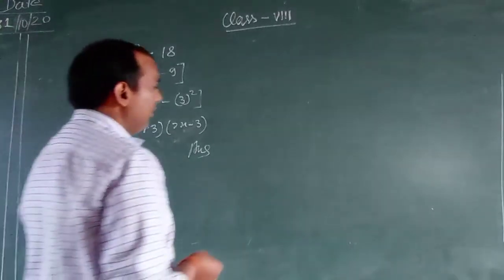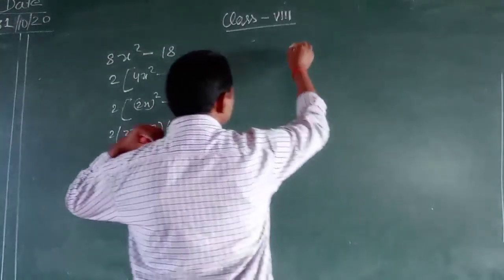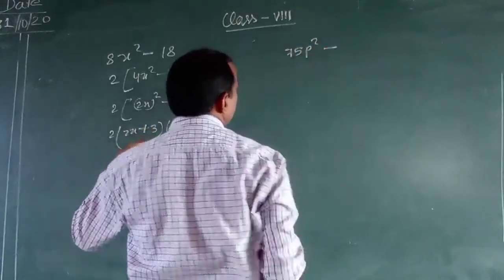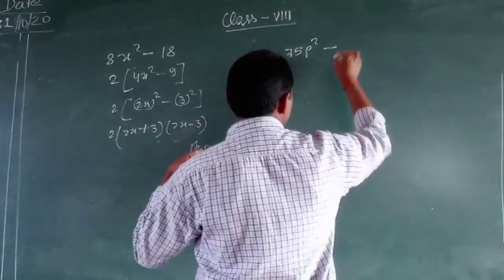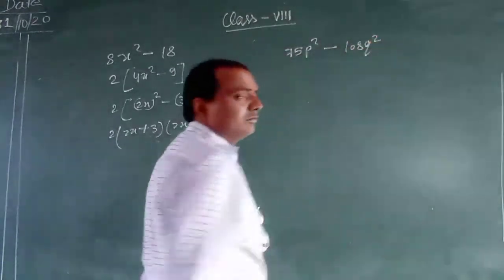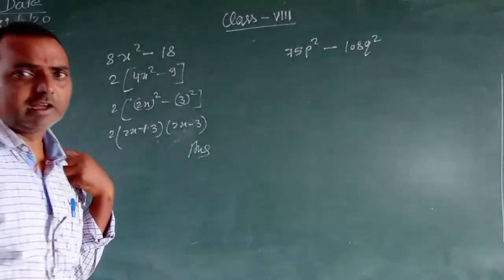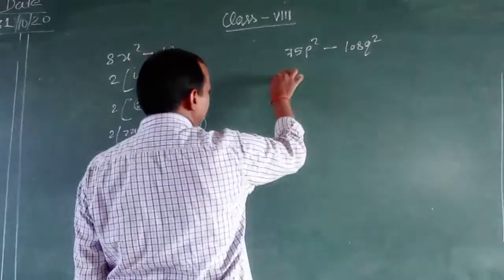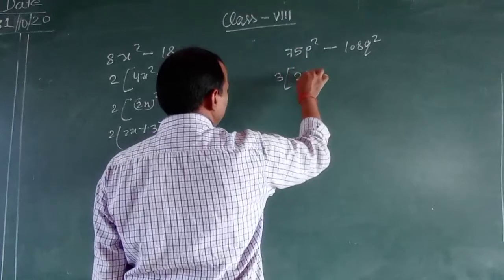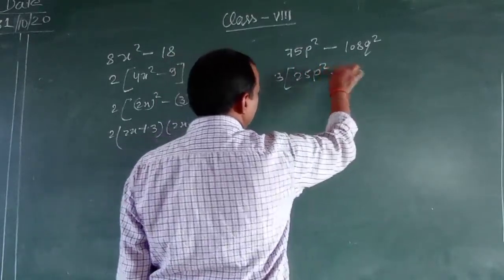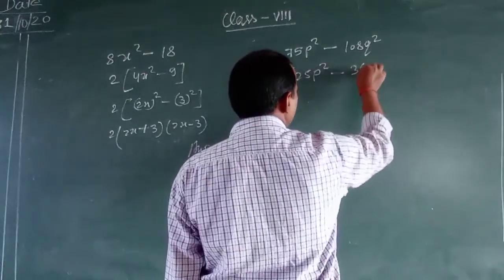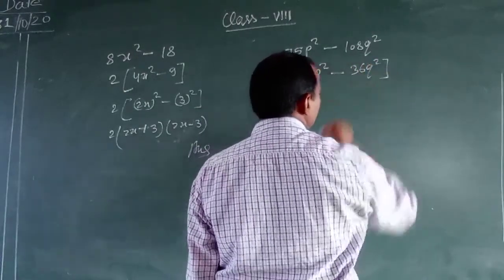Similarly, if the question is 75p square minus 108q square, इसे एक्सपेंड करने के लिए हम 3 कॉमन ले लें. 3 तो इन ब्रैकेट it is 25p square minus 36q square.